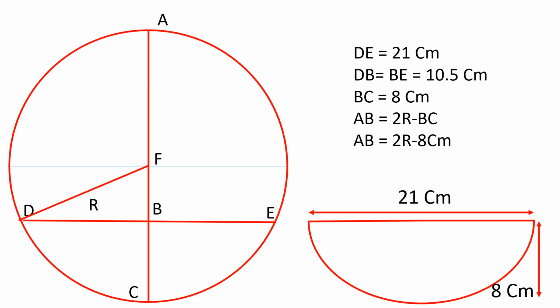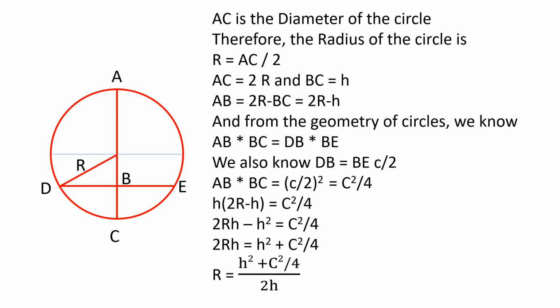If you look at the illustration, DF is the radius of the circle. DE is equal to 21. And as DB and BE are equal, and our 10.5, BC we know is equal to 8, AB will be equal to 2R. That is the diameter of the circle.